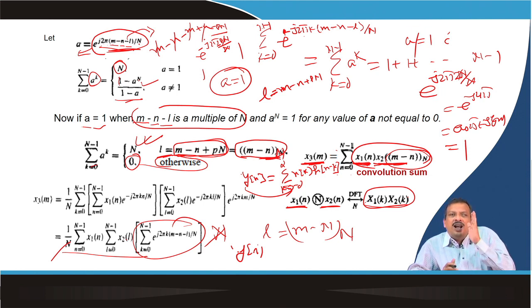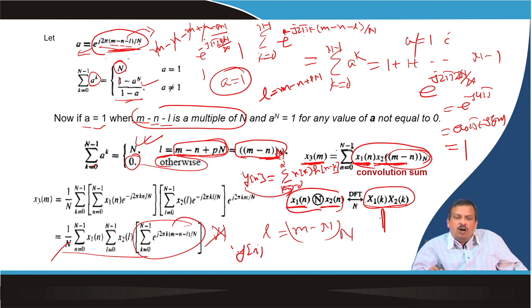So, if I multiply x1k and x2k in the frequency domain and take the inverse Fourier transform, I get x1n and x2n circularly convolved. So, the circular convolution between the two signals is nothing but an inverse DFT of the multiplication of the frequency responses of the two systems.